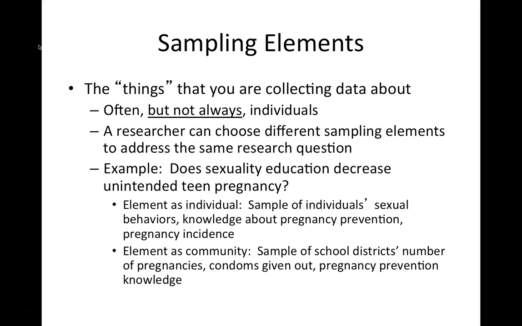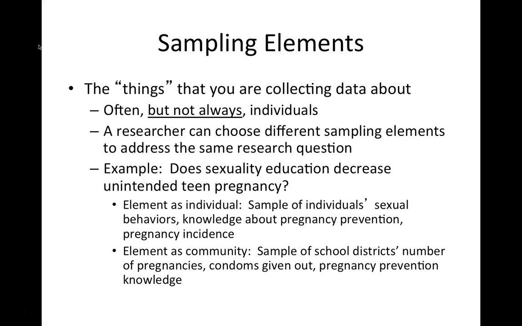And we may be asking the same sort of question about the efficacy of sexual assault reduction interventions, for example, and we can look at the implementation of different kinds of assault reduction programs, and we can look at the effects of those on individuals or the effects of those on college campuses.